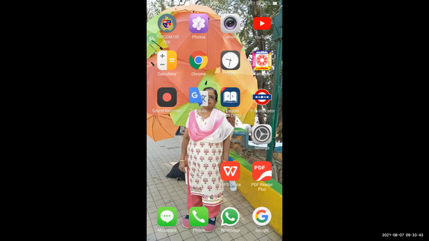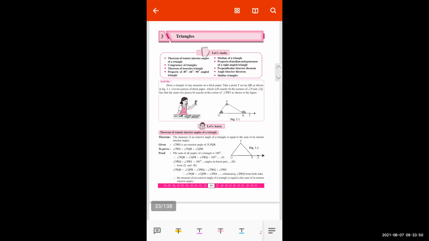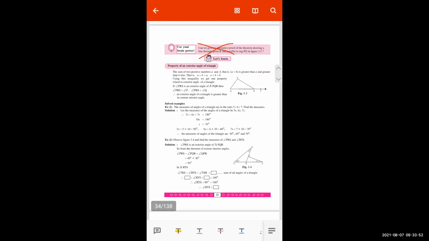Now from the second page, page number 25, the upper part, use your brain power, is reduced from the syllabus.